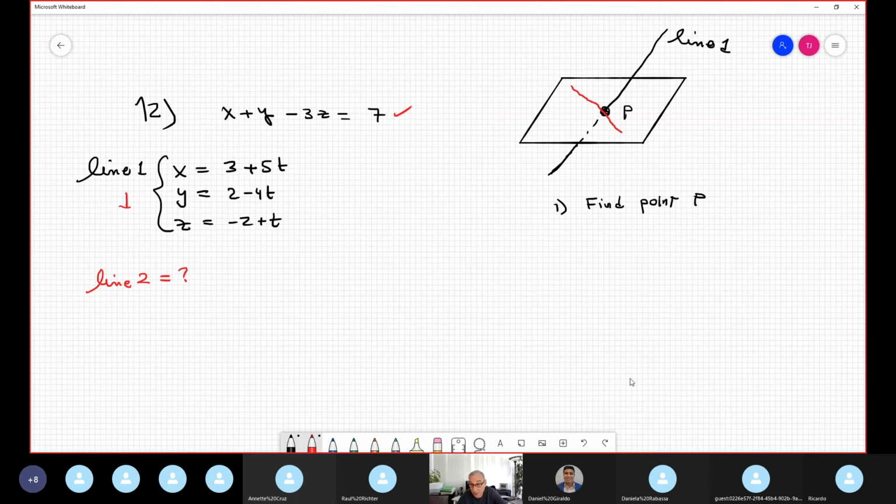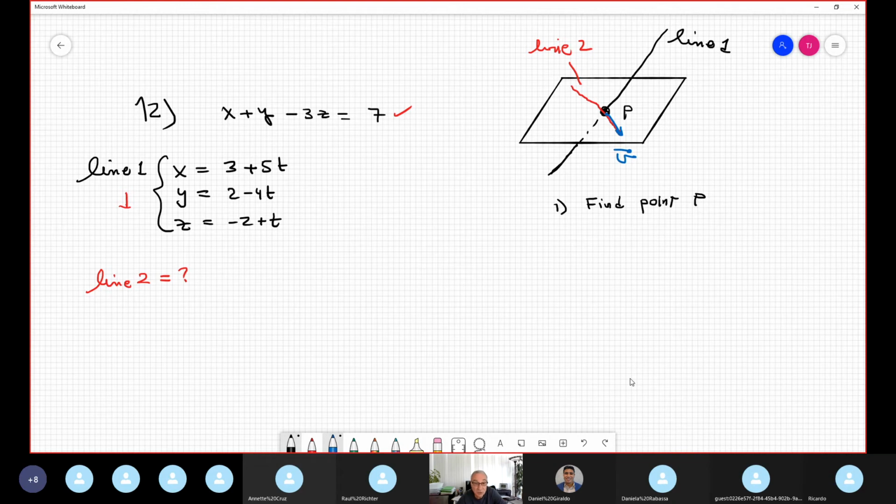Actually, I have it, because P is a common point between line 1, line 2, and the plane. The only information that we need is the direction vector. We need this direction vector B.